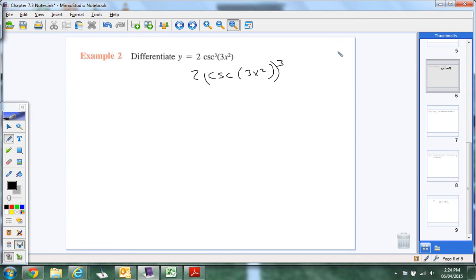All right, so the first thing I'm going to do is drop the 3. So it's going to give you 6 cosecant(3x squared) squared. Now I have to do the derivative of cosecant, which is what? Right, and you write the same thing, whatever you have in there, you keep it. You don't make it an x.